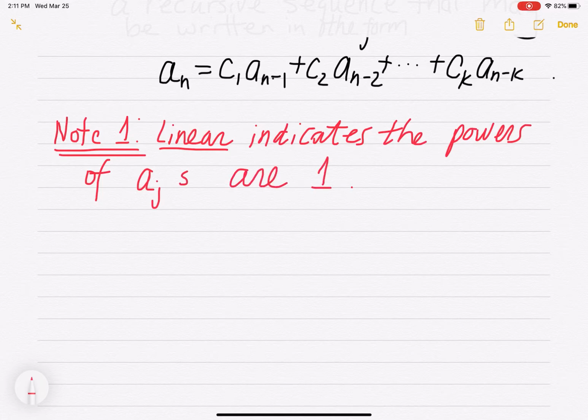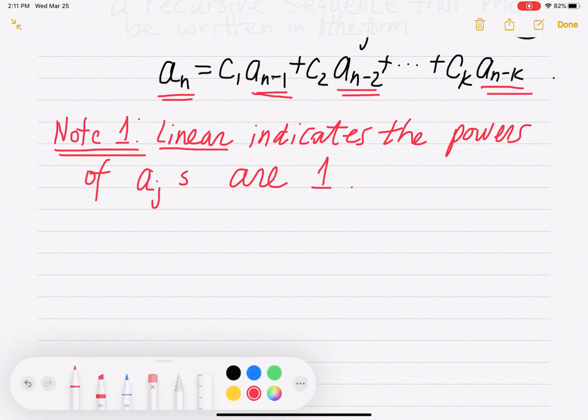Yeah, so each of these terms here, call these the a_j's. The power on each of those is 1, right? We don't have any squares, we don't have any cubes, we don't have any fractional powers, nothing like that.